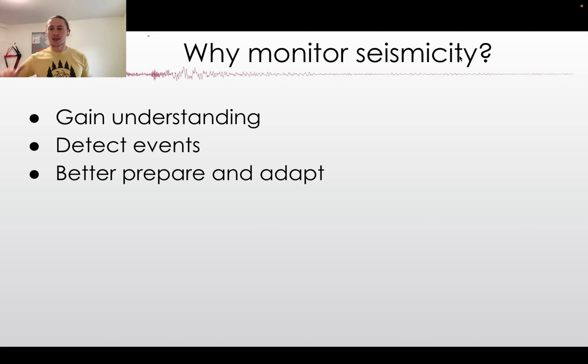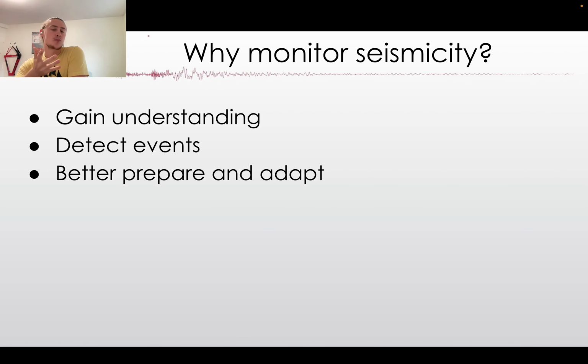Why do we monitor seismicity? Ground motion helps us gain understanding of what's going on. How does ground motion work? What are earthquakes? What are the other things that make the ground shake? We detect events so that when they do happen, we know how and why they happened. Sometimes you can even detect them immediately when they happen and have an early warning of a few seconds, and that can really help people.